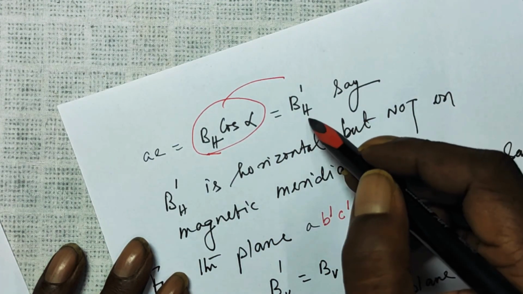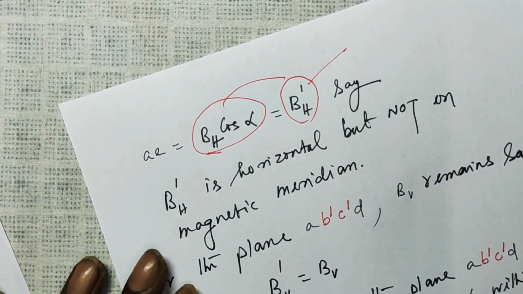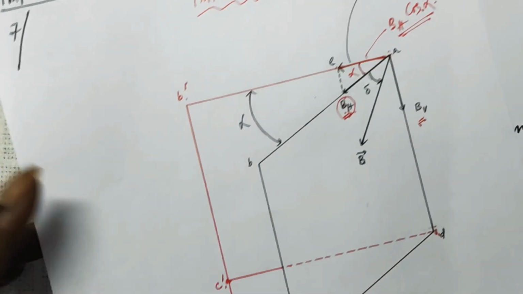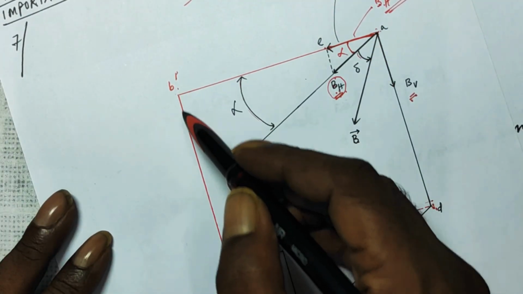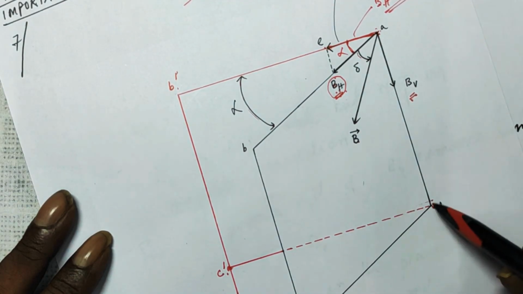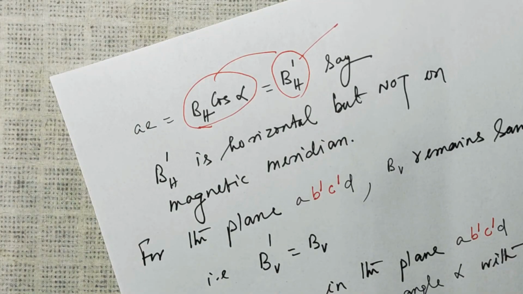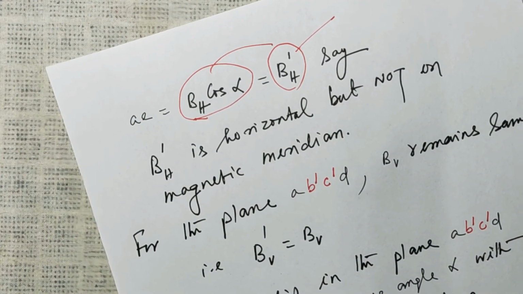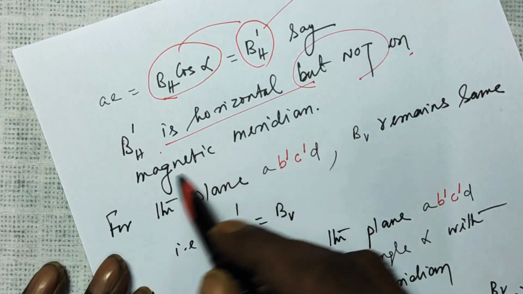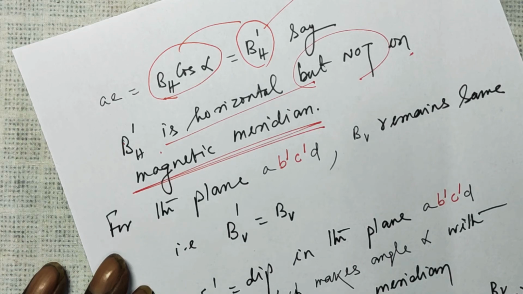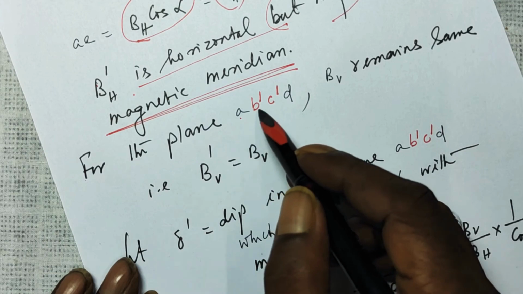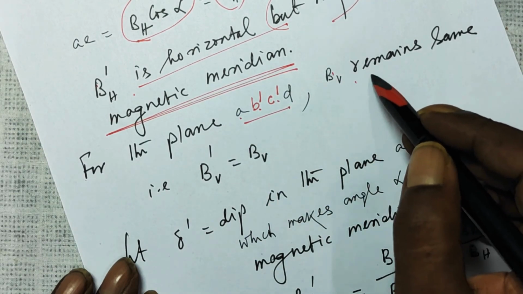Now let it be BH dash, say, meaning the horizontal component on this plane, which makes angle alpha with the magnetic meridian plane. Now BH dash is horizontal, but not on the magnetic meridian. For the plane A, B dash, C dash, D, BV remains the same.